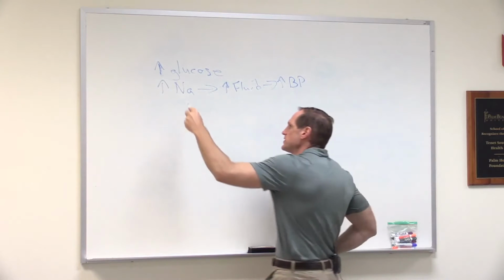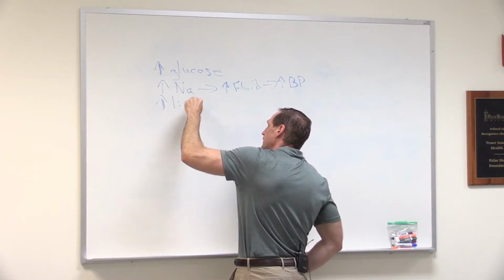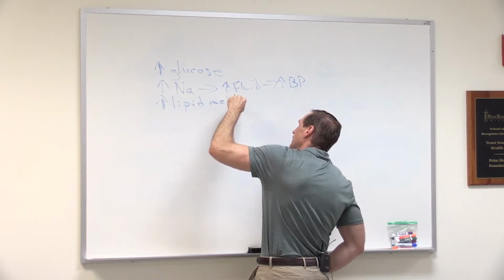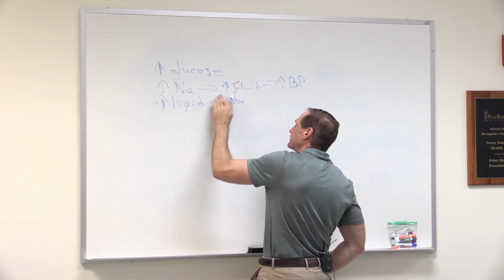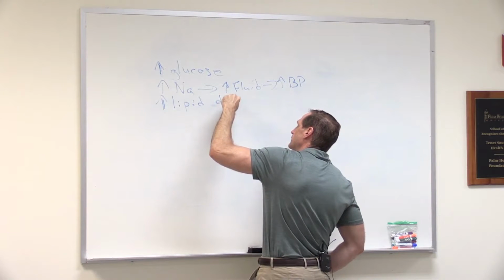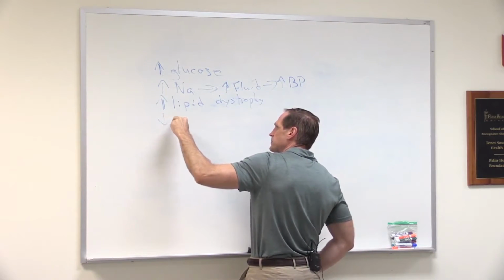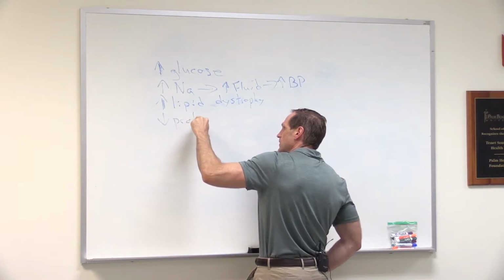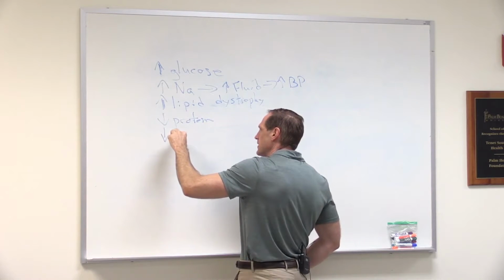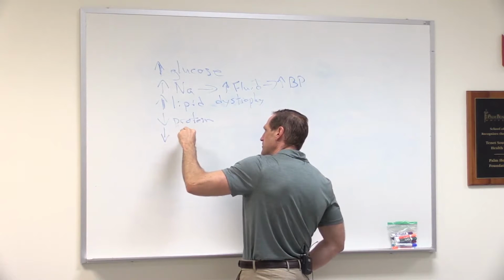It also has an increase in lipid metabolism, or dystrophy anyway. It has a tendency to suppress protein metabolism and has a tendency to decrease T cell function.